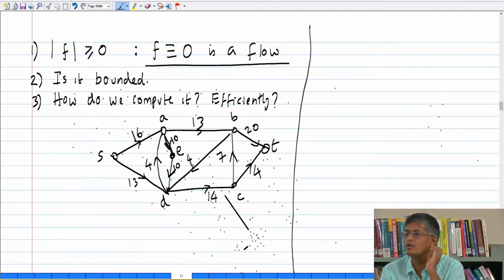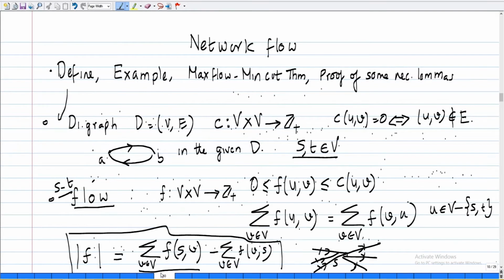I have not stated any of these things, I only said, so that's a good question. What she is asking is, is there a constraint that whatever starts at S should sink at T? So I have avoided stating the definition of a flow in that way, but you will see that every flow has a current-like behavior. It will start at S and it will sink at T by these definitions because of the conservation condition.